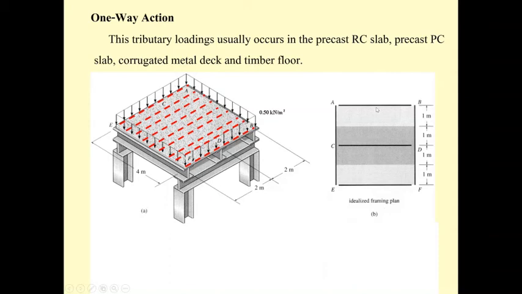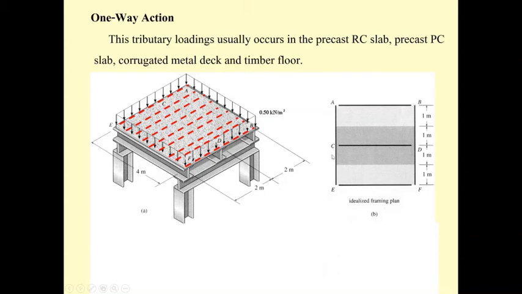So that means the beam in the middle will take more force or more loading than the beams on the edge of the structure. Also, the reaction of the middle beam at C and D will be larger than the reaction at support A and support B.